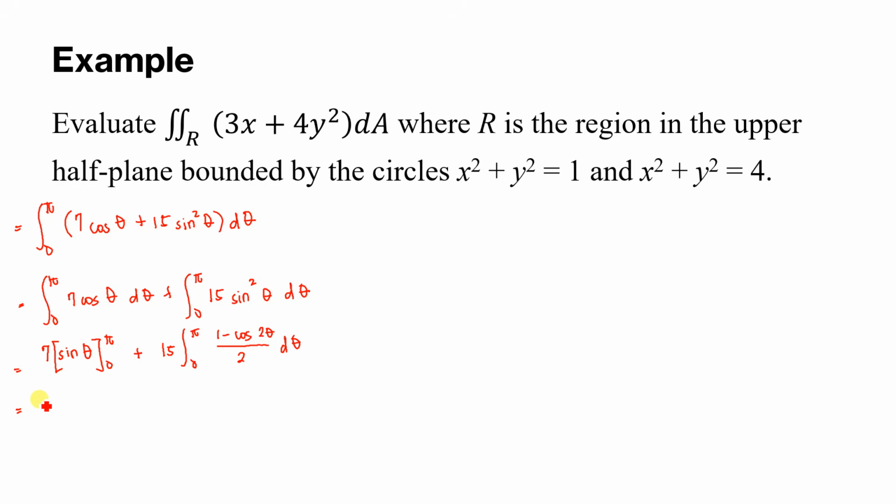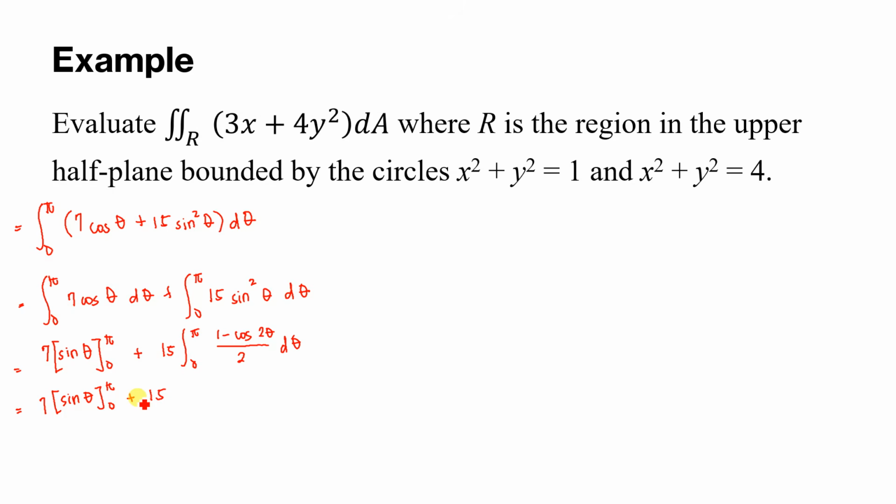So you have 7 sine theta from 0 to pi plus 15 times the integral of 1 half minus cosine 2 theta over 2.